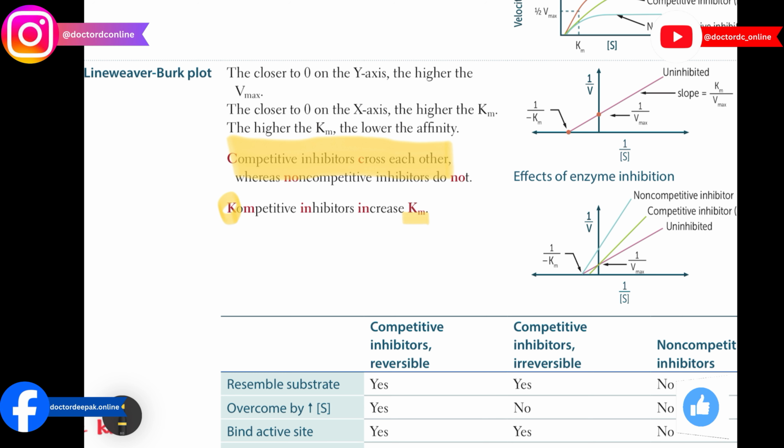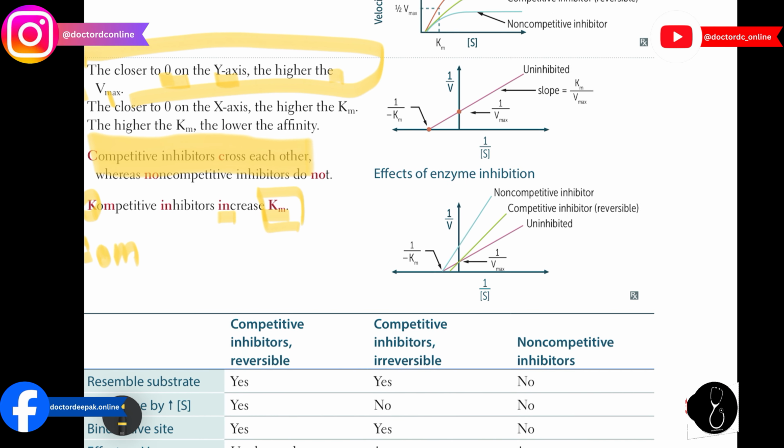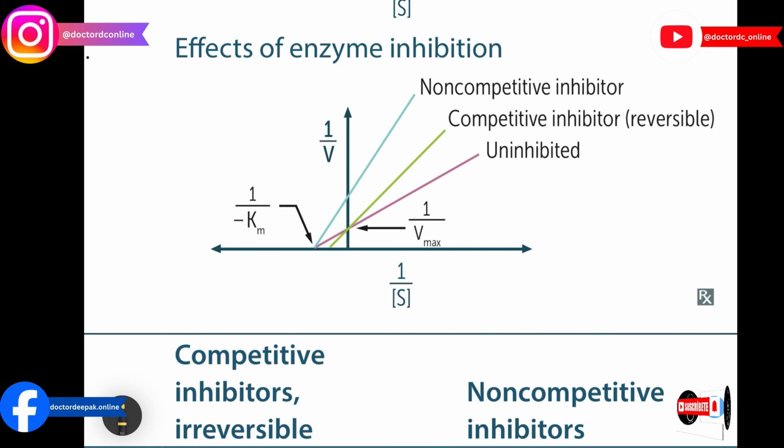Competitive starts with a C, like COM, so you can make a mnemonic: competitive inhibitors increase the Km. And these things we already studied: the closer to zero on the y-axis, the higher the Vmax. So in that graph, I will again elaborate the things.